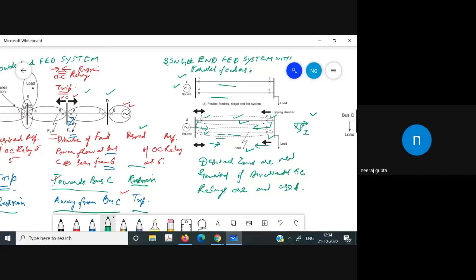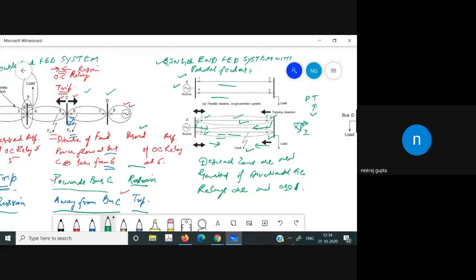That is directional relays. So these are costly, and for that purpose we have to use the PT. So we use the directional overcurrent relays at 2 and 3, and the non-directional overcurrent relay at 1 and 4. So it will solve the purpose. So this is the case of the single end fed system with the parallel feeders.